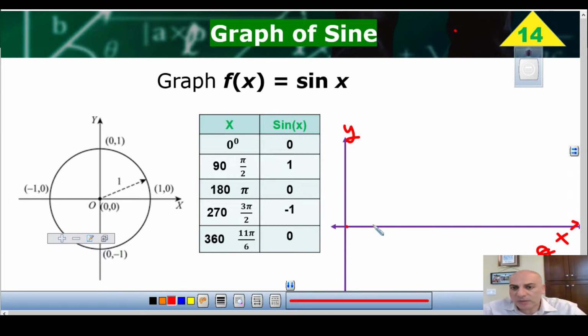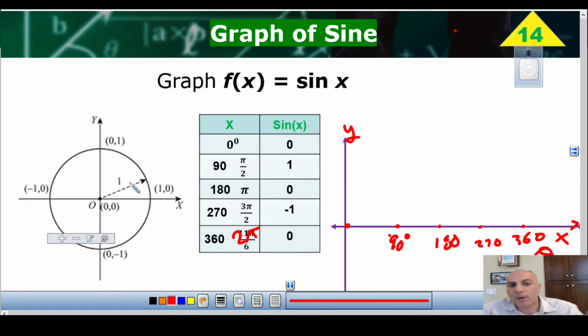If I put 0 degrees, remember, degrees are down here. This is theta. I have to go all the way to here. Here's a spot. Let me give myself more room. I need a spot here. And I have 90 here. I have 180. I have 270. And I have 360. Okay?